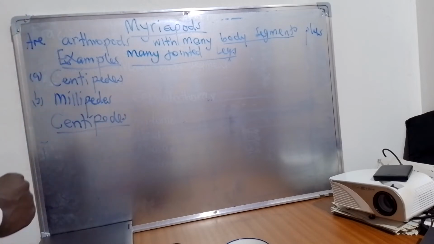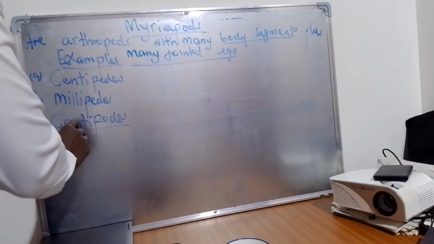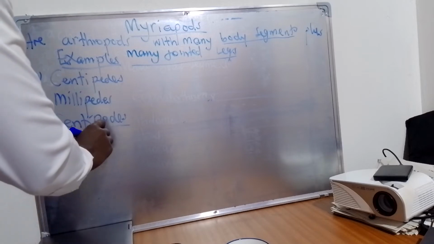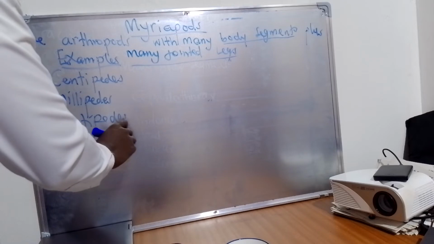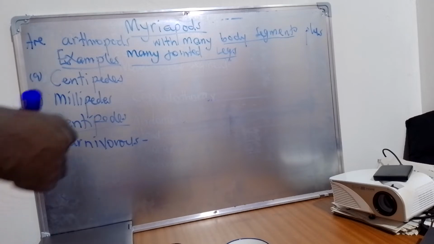With centipedes, these are carnivorous in nature, meaning they feed on small insects and worms.